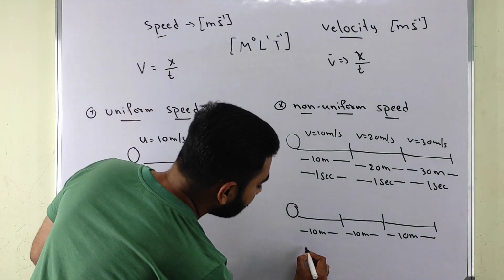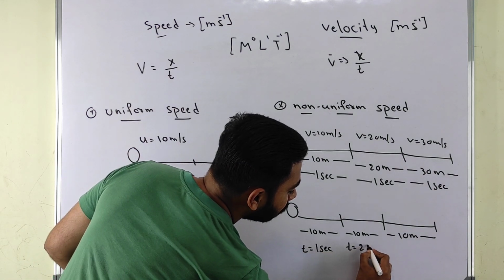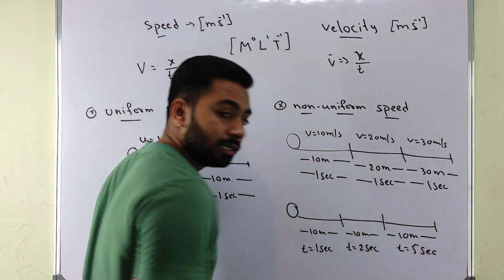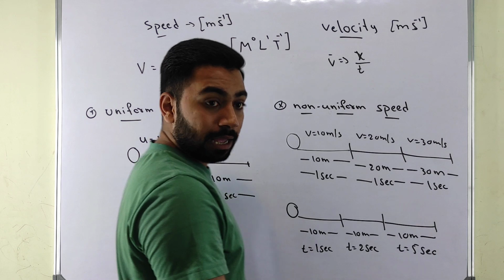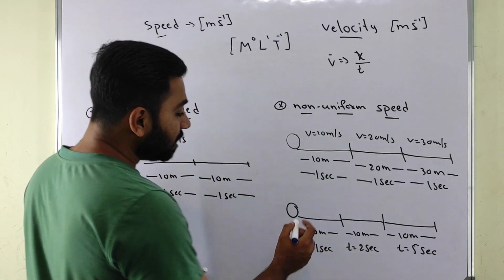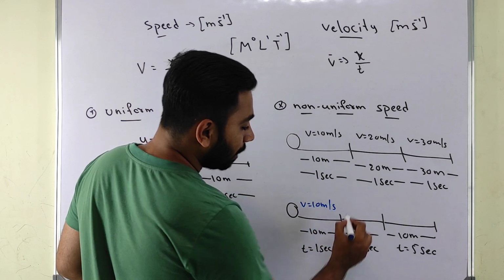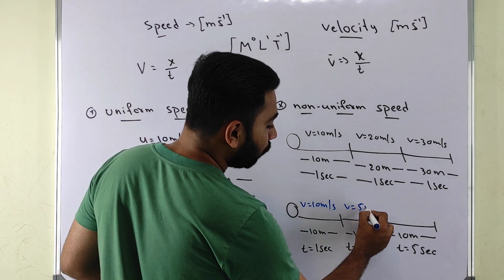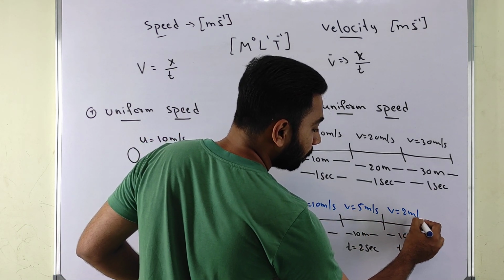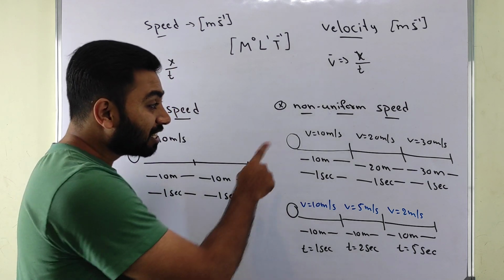The time here is 1 second, here 2 seconds, here 5 seconds. Covering the same distance but with different time, the velocity here is 10 meter per second, here 5 meter per second, here 2 meter per second. See, both definitions justified.